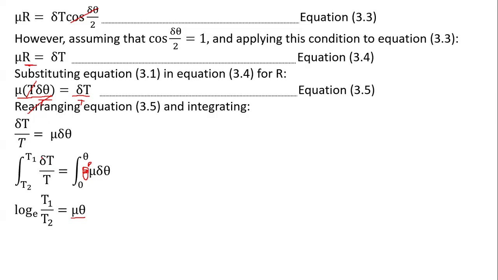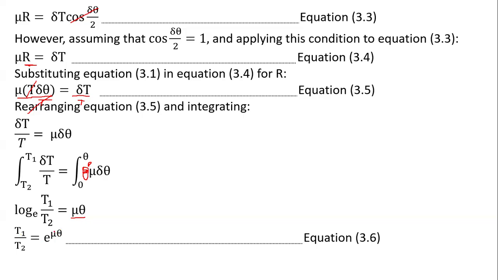On this other side, I have log E or ln of T1 over T2. Now I want this to come out nicely so that I can have only T1 over T2 on this side. So I'll say T1 over T2 is equal to E raised to power mu theta.